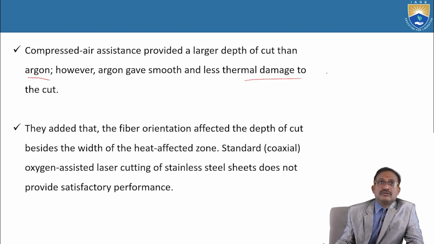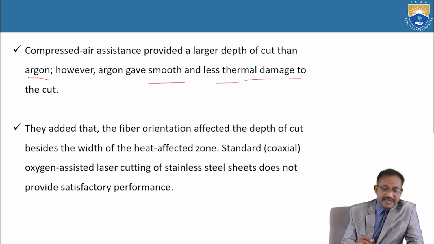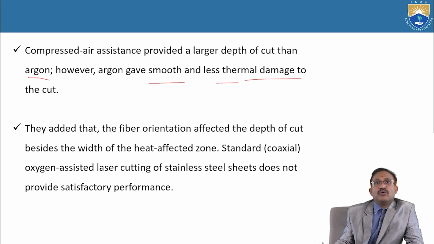Okay, compressed air provided larger depth of cuts, but here smoothness is very much required, so we better go with argon. When there is a requirement of smoothness and there should not be any thermal damage, then we have to go with argon gas. Okay, they added the fiber orientation affected the depth of cut besides the width of the heat affected zone.